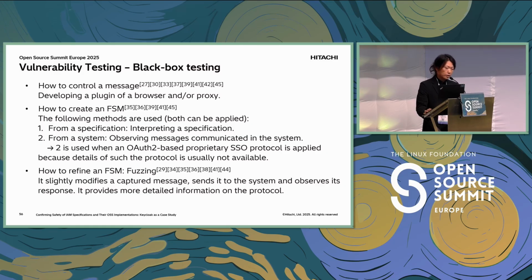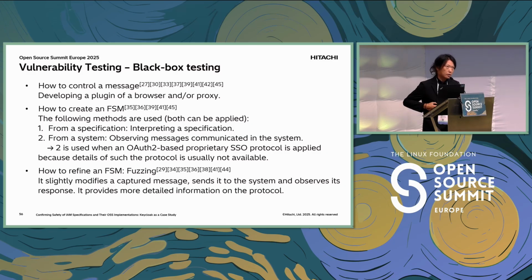And to create an FSM, they took the following methods: from the specification, namely by reading and interpreting the specification, or observing the system, which means observing the messages communicated in the real system to construct an FSM.